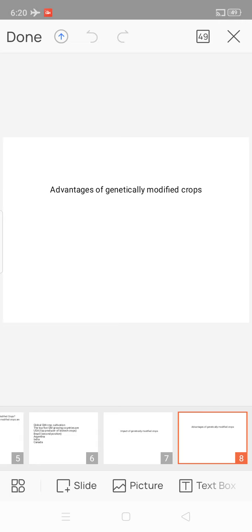increased nutritional and or industrial traits. These crops have more direct benefits to consumers.